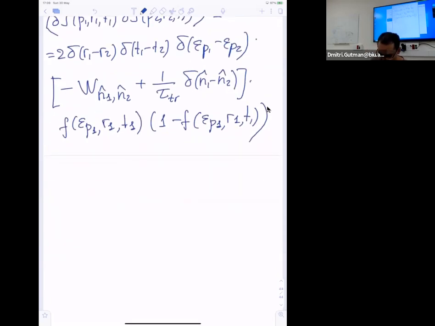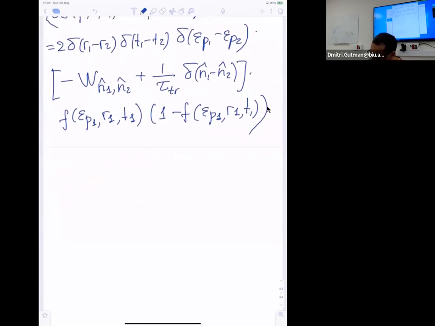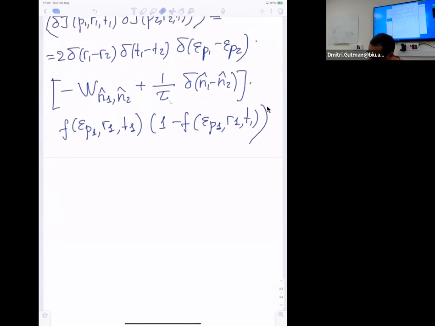And 1 over tau, sorry, this is not 1 over tau transport. I made a mistake. This is just 1 over tau. And 1 over tau is just the integral over dn' of W(n, n').